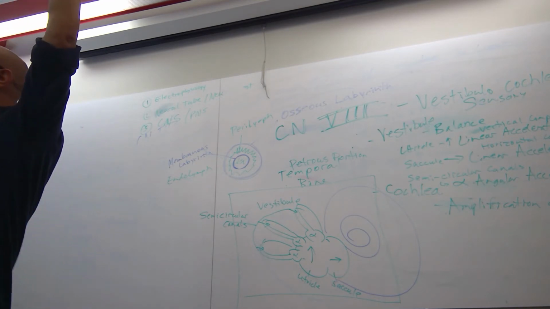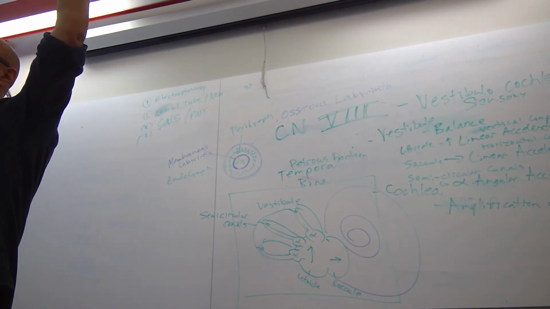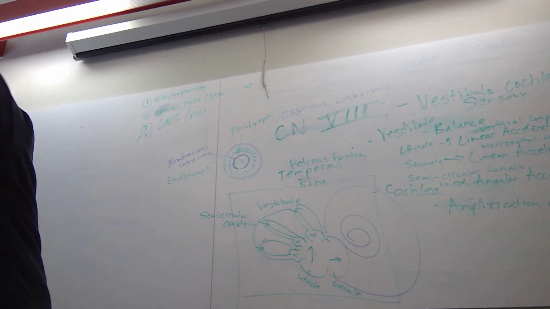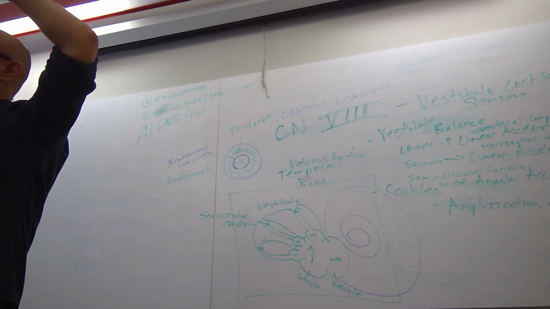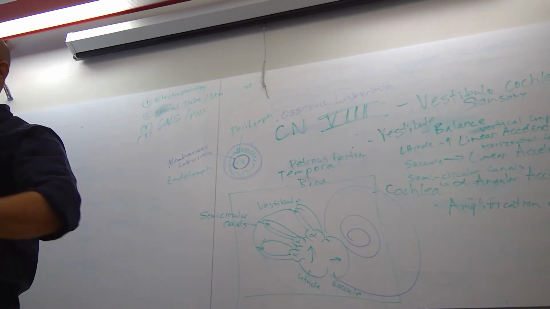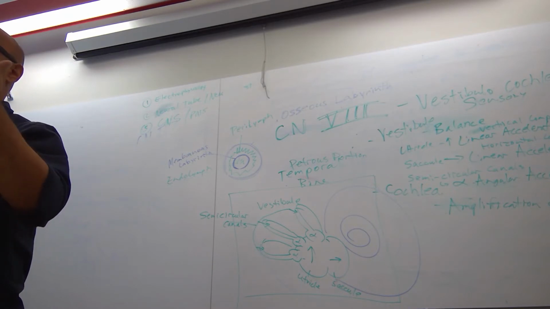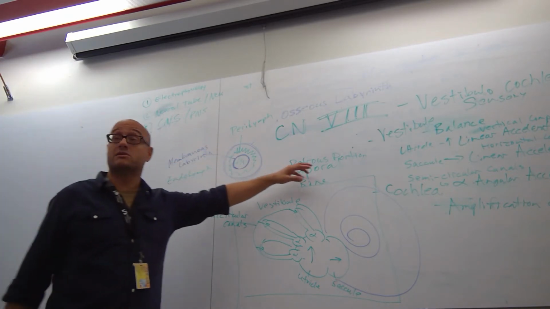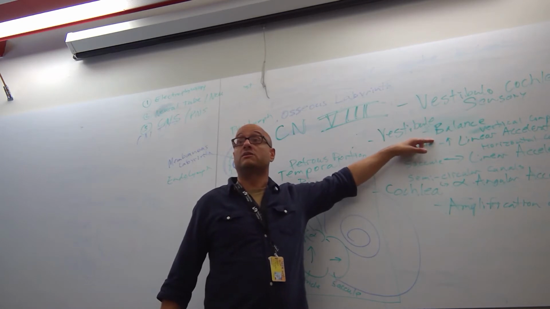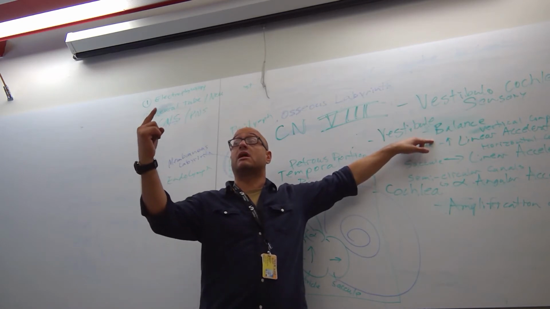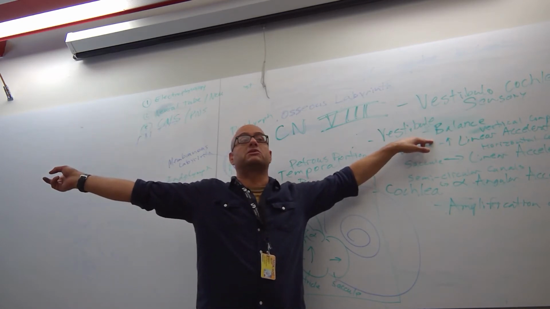Sure enough, where's it going? Where's all sensory information going? To the thalamus. Straight to the thalamus, because that's where all sensory information must go. It's balance. As it's going up to the thalamus, is it going to drop off fibers to the cerebellum?